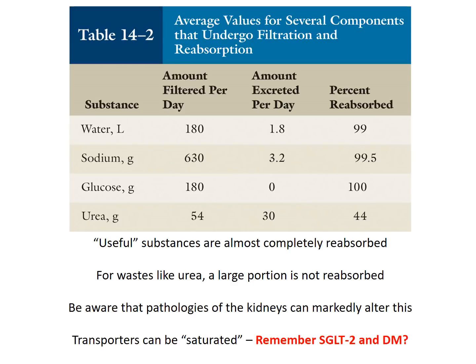So essential components get reabsorbed back, and it is the role of the tubules to reabsorb. Remember, in those tubules, most of that is not done passively. There's active and facilitated transporter proteins that get back a lot of that stuff. When we talked about one of those proteins, we talked about diabetes. Do you remember SGLT2?